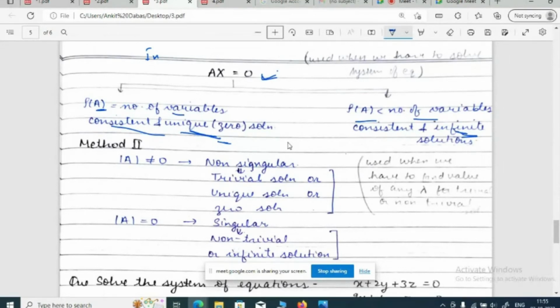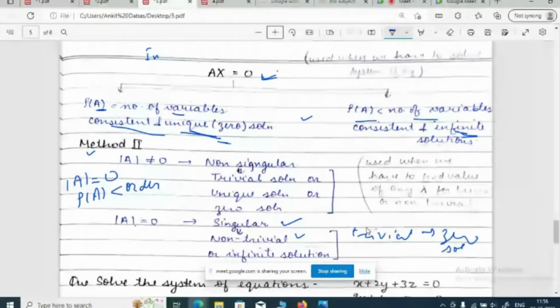You can do this, or another simple method is, because we know that if the determinant of a matrix is equal to 0, in that case the rank of the matrix is less than the order of the matrix. So if the determinant of A is 0, it will be singular, and it will have non-trivial or infinite solutions. Trivial means the 0 solution.